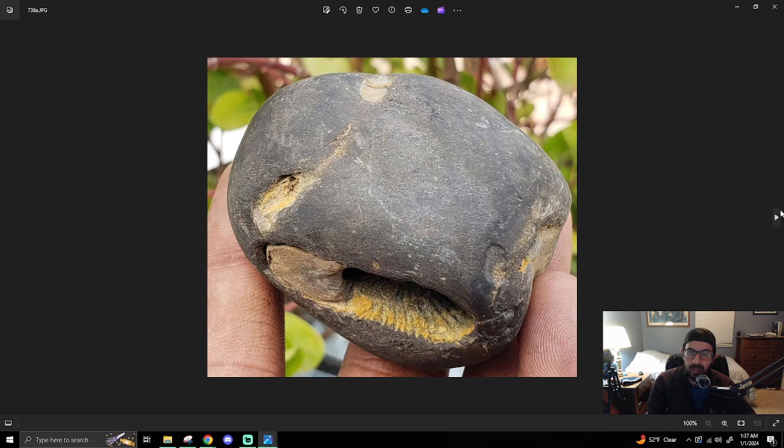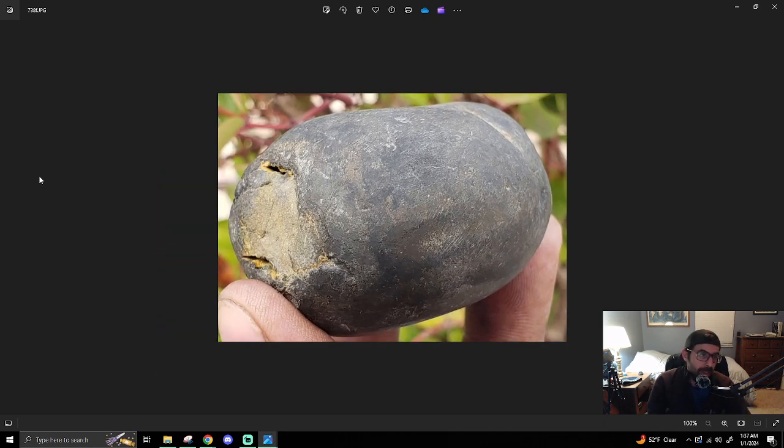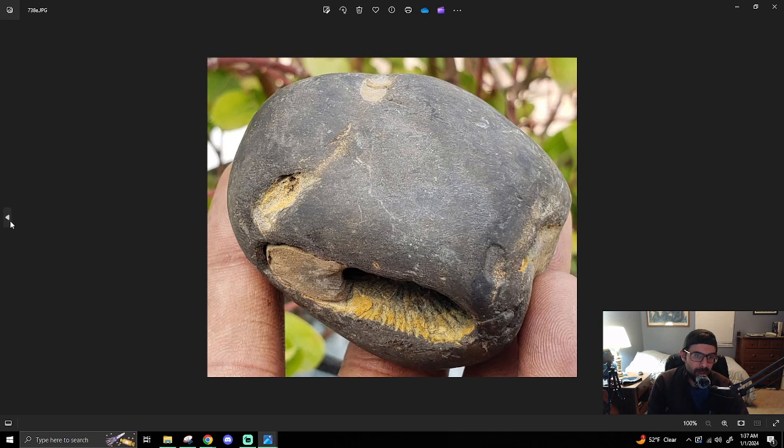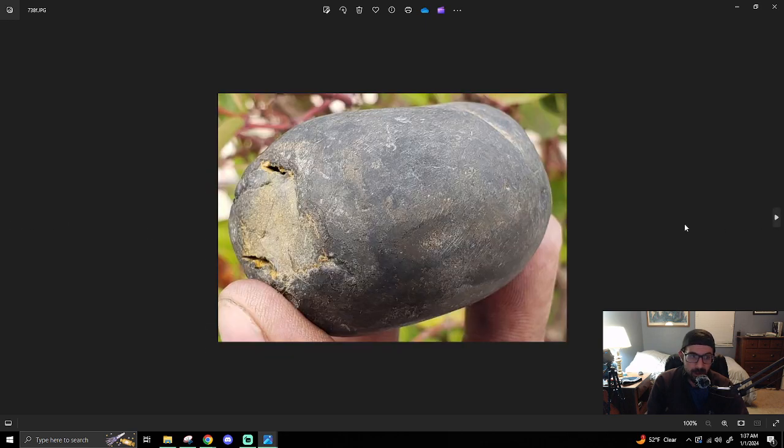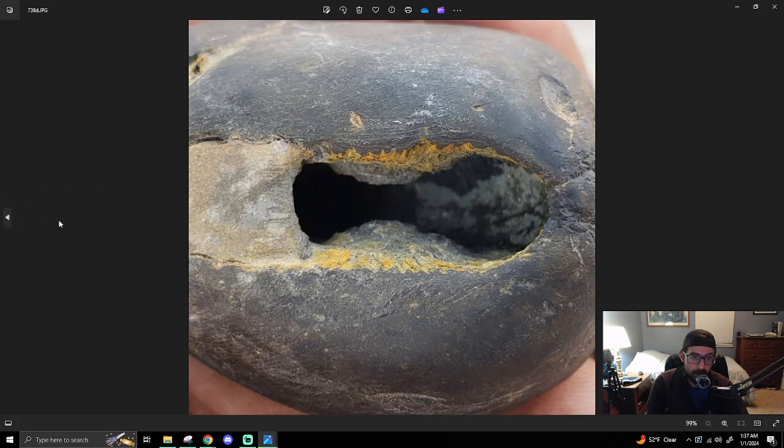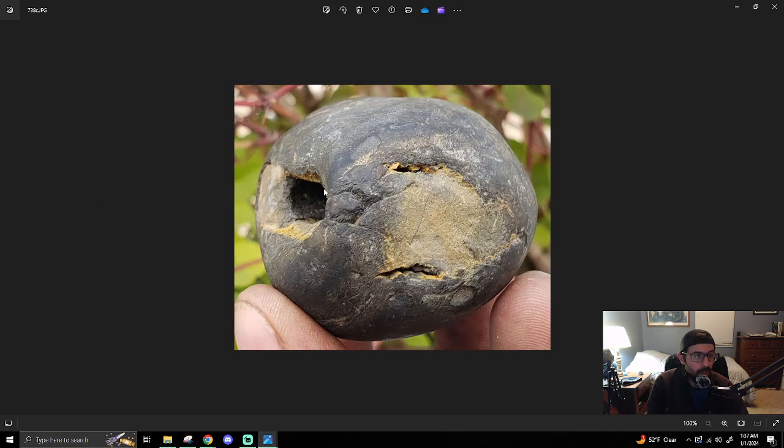Like that doesn't even make sense. It doesn't even make sense. It doesn't make sense for a fossil to do that. If this is a shell, then what is this? Is that part of that shell?